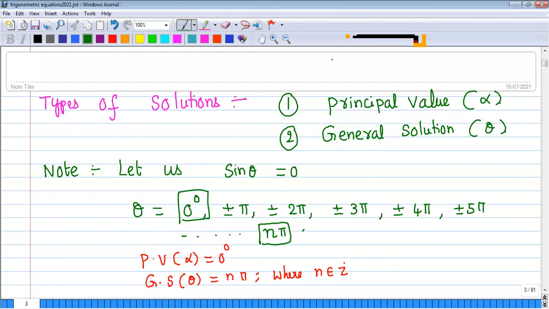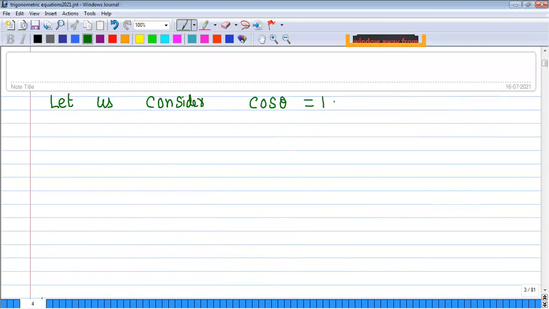Zero degrees, 180 degrees. Right? 0 degrees, 360 degrees.